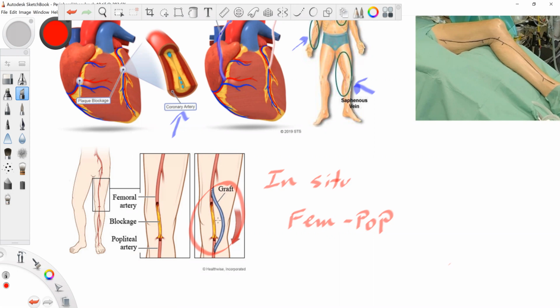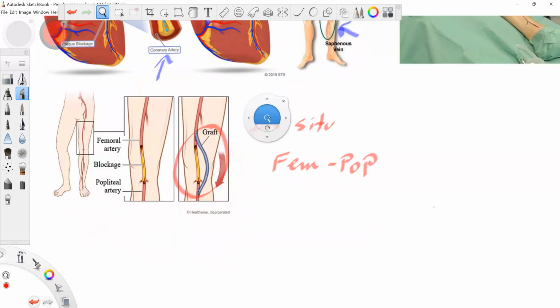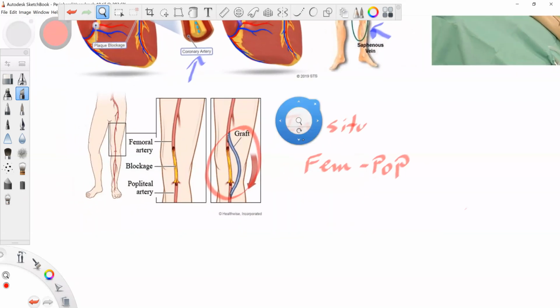What's the problem with that, though? Anyone know? Anyone think of what kind of problems we might have? Nobody? Oh my gosh, you guys. Repeat the question. Sorry. What would be the problem of just simply taking a vein like this?